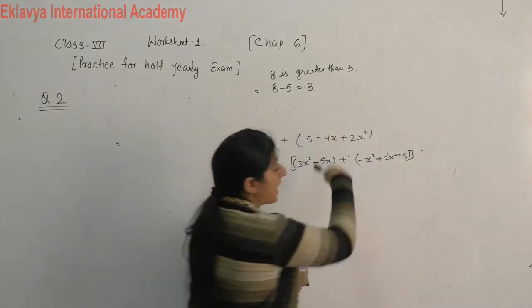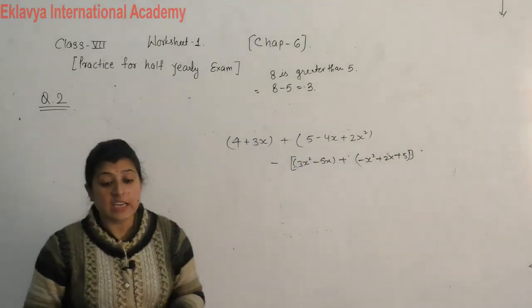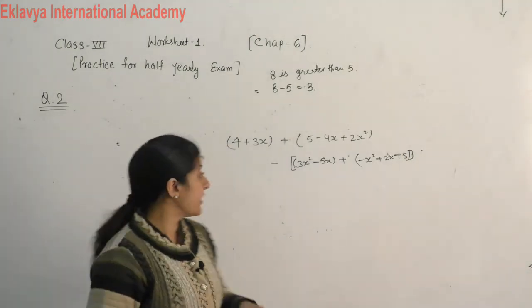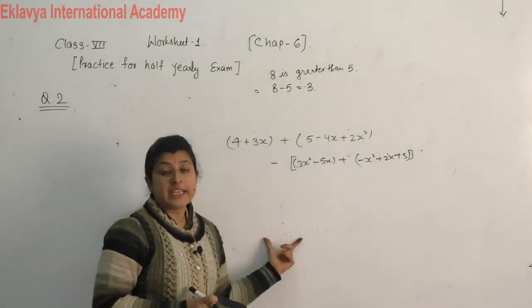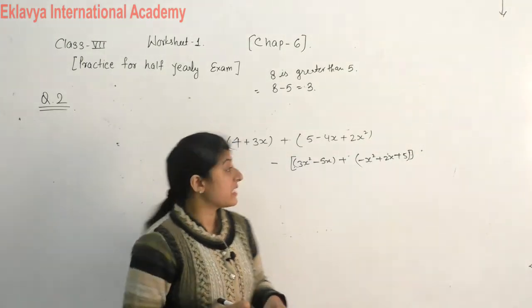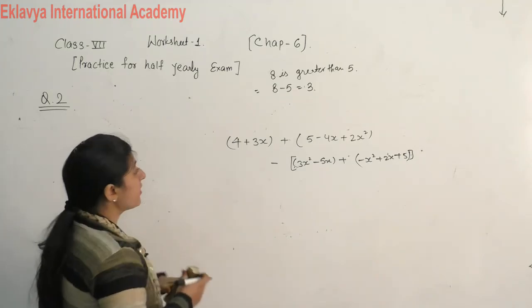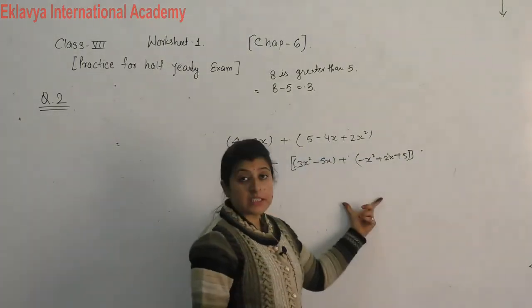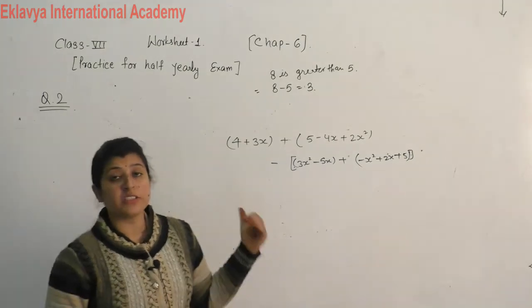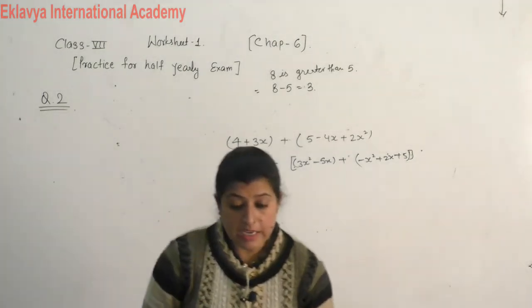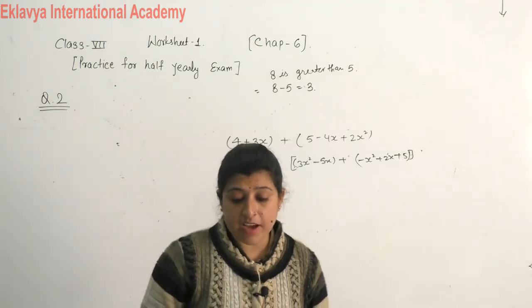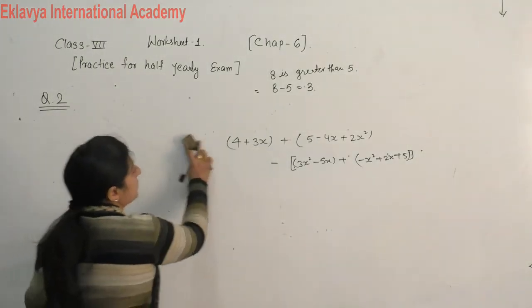Then solve as usual and in the last write the degree of the difference obtained. Whatever difference comes, its degree depends on the power of the given variable. Suppose I find only one variable, then the highest power of the variable is called the degree of this given polynomial.